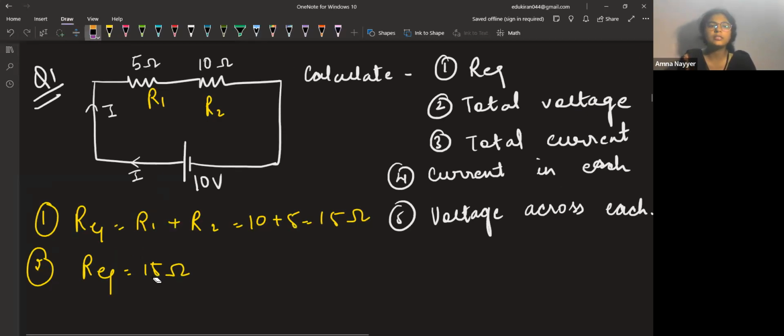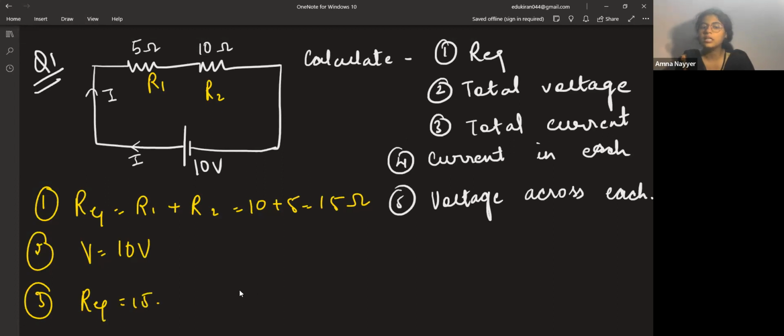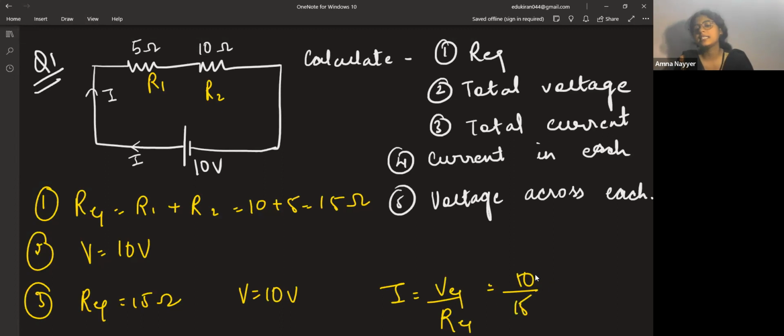Total voltage is already given to you, that is 10 volt. So for this, you don't even need to calculate. This is the total voltage being supplied. But when you are asked to calculate total current, R equivalent is 15 ohm and voltage is 10 volt. So total current will be potential divided by resistance, that is 10 by 15, which is 2 by 3 amperes.